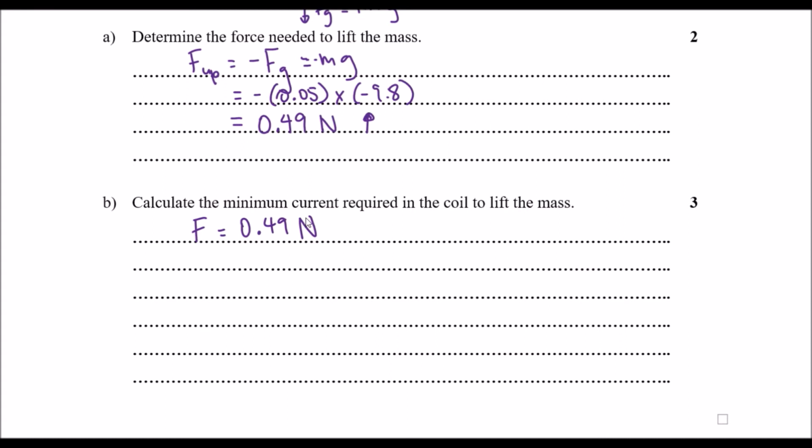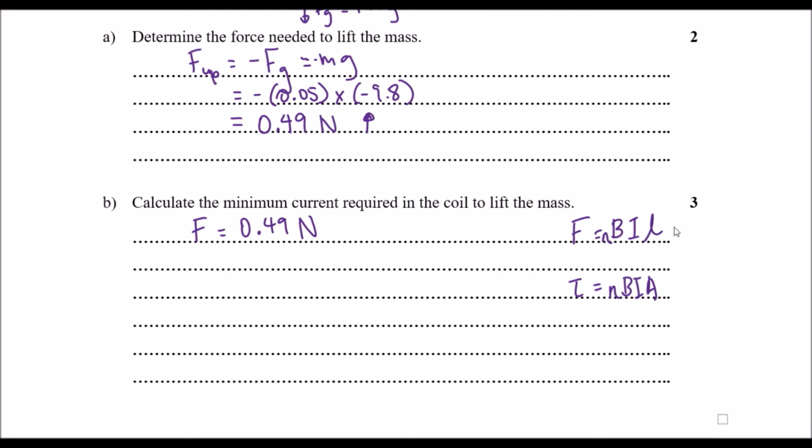Now, if we look at all the different equations that require the use of magnetic field strength and force, we have F equals BIL, and then we have torque, which is BAI. If you take into account the number of coils, you can also write the N at the front. So these are the equations we can sort of deal with.